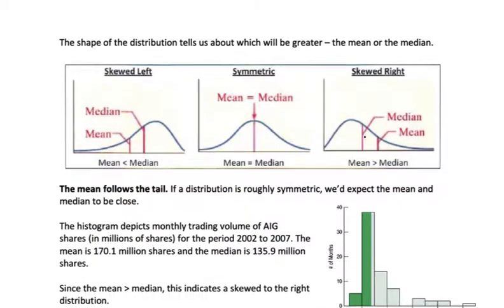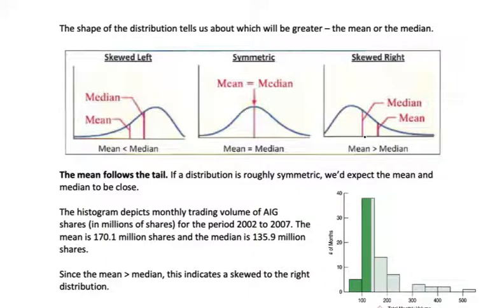And so now we're going to look at the connection between mean, median, and the shape of the distribution. If the distribution is symmetric, then the mean and the median are going to be approximately equal in the center of the distribution. If the distribution is skewed left, remember that the mean is affected by outliers and the median isn't. So these numbers here at the left side, in the tail of the distribution, are going to affect the mean, but they're not going to affect the median.